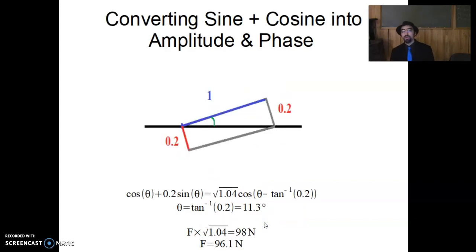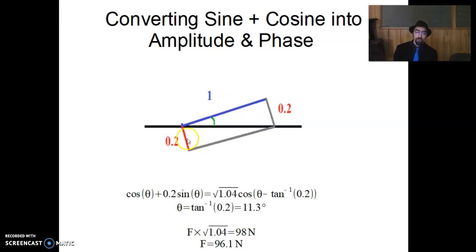I'm going to assume that you don't have a calculus background. What we want to do is convert from a sine plus a cosine into a single sine wave of an amplitude with a phase shift. And to do that, suppose I have this blue diagonal line and a red diagonal line that are perpendicular to each other.